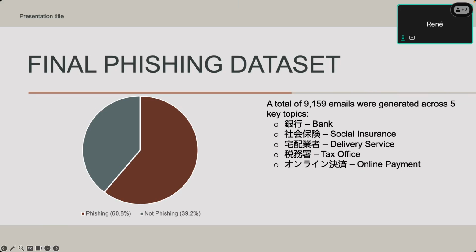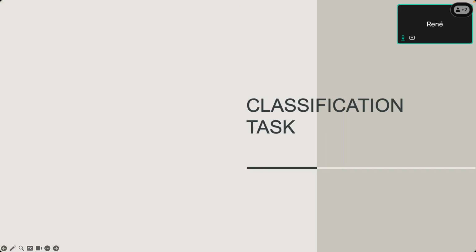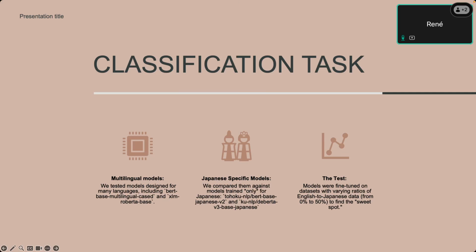Okay, now we got data. Let's talk a little bit about how we classify it. As I said before, we use multilingual models, for example, BERT-base multilingual and XLM-RoBERTa, and we compare them to Japanese-specific models. For example, you might know them, Tohoku NLP BERT-base Japanese, and another BERT-base Japanese.